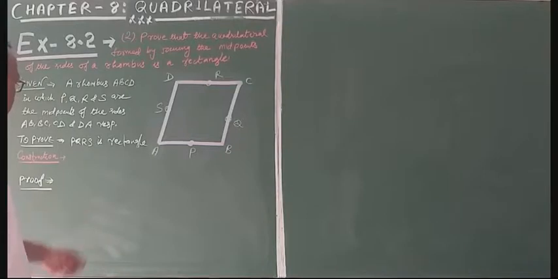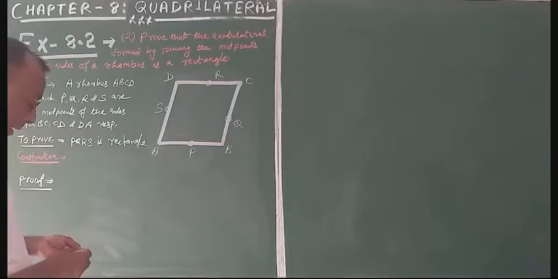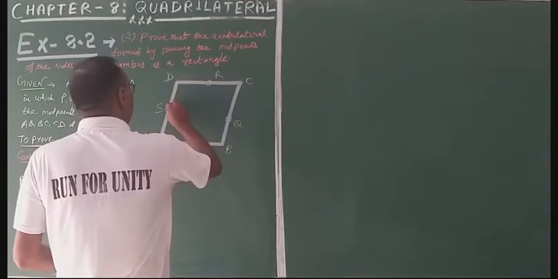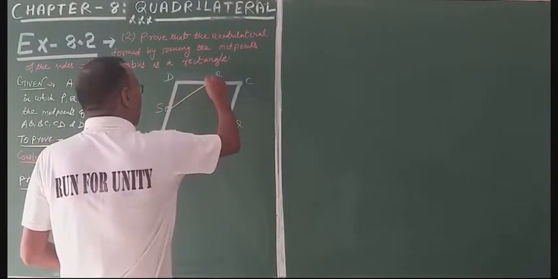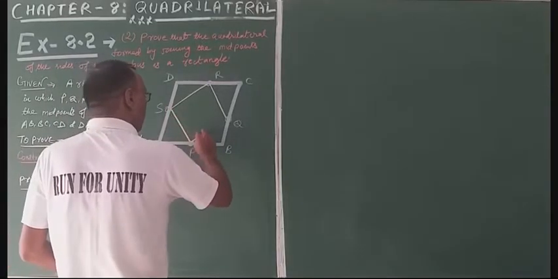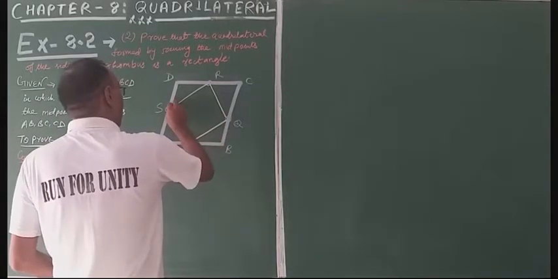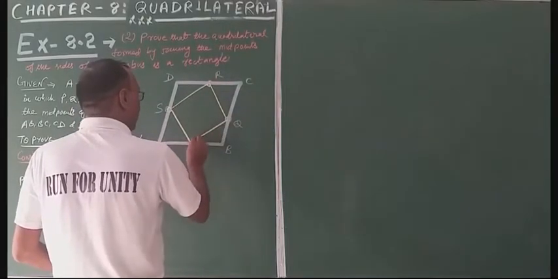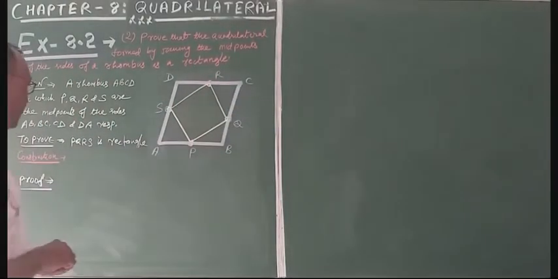You have to prove that PQRS is a rectangle. We have to prove that this PQRS is a rectangle. Now just look at the construction.